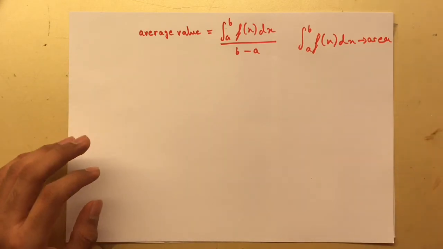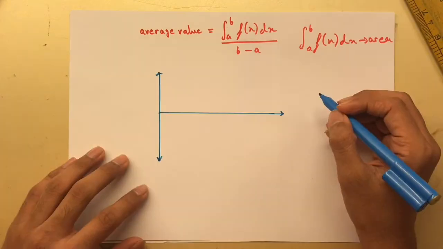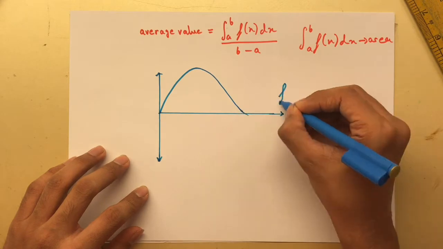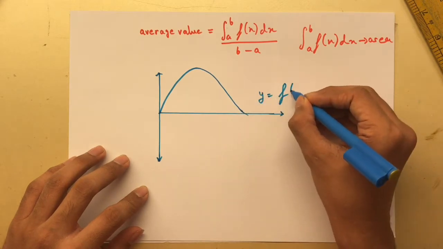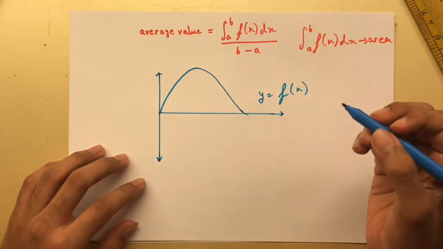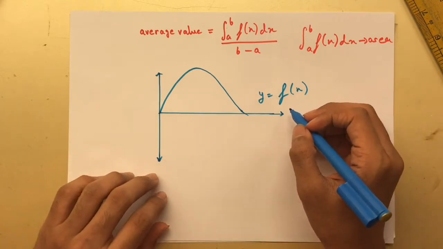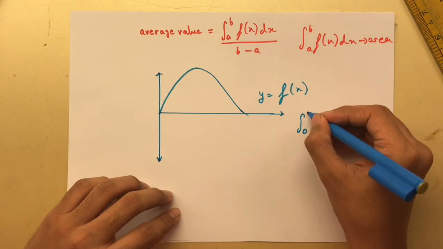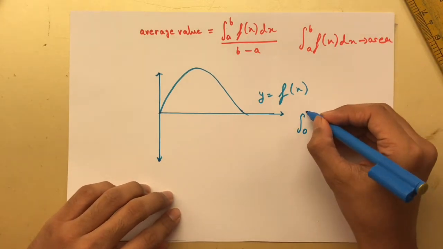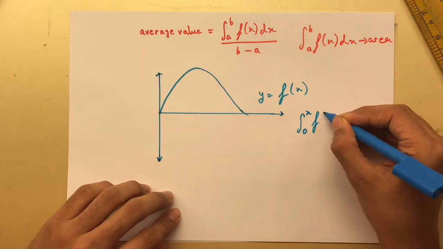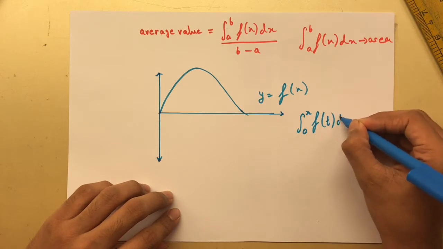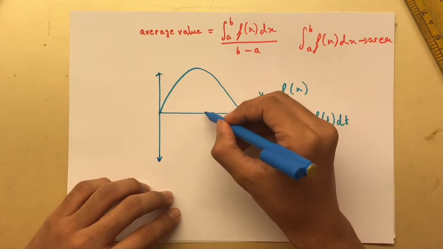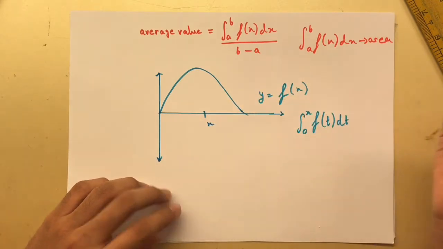So let's say we had the function that looks something like this. That's y is equal to f of x, right? And let's say we're looking at the value of the integral of the function at different values of x, and therefore let x be some point over here, right?